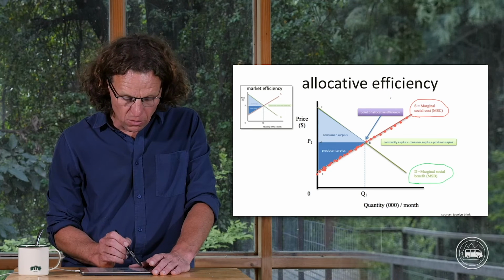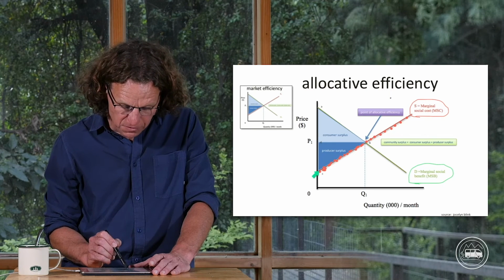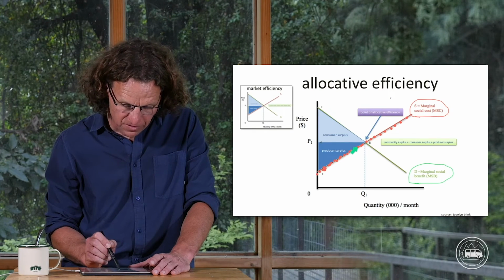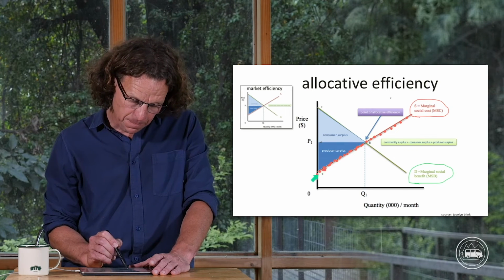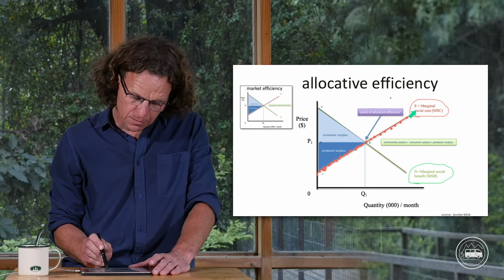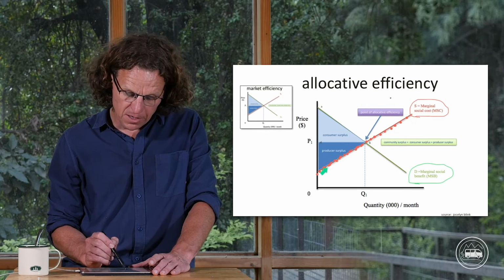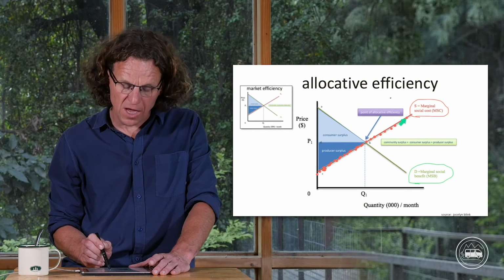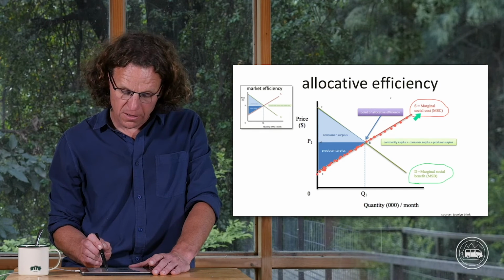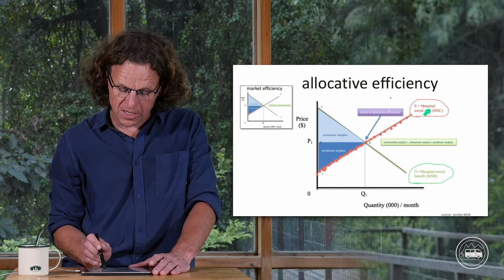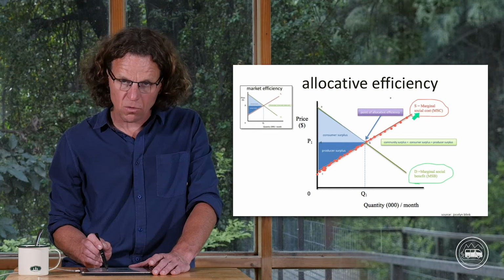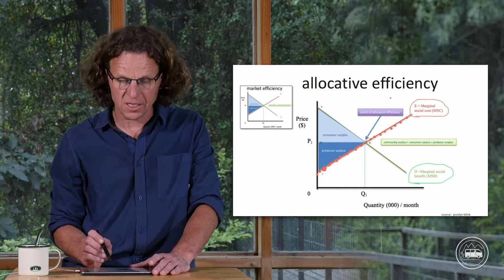So if this is the minimum cost for the first producer, second, third, fourth, fifth, sixth, 100 millionth, then if we add all this up, this line becomes representative of the total cost to society marginally, meaning 1, 2, as we add them together. As we add one more unit, one more supplier, we end up with a line that represents the cost to society, or to all suppliers, of producing it.